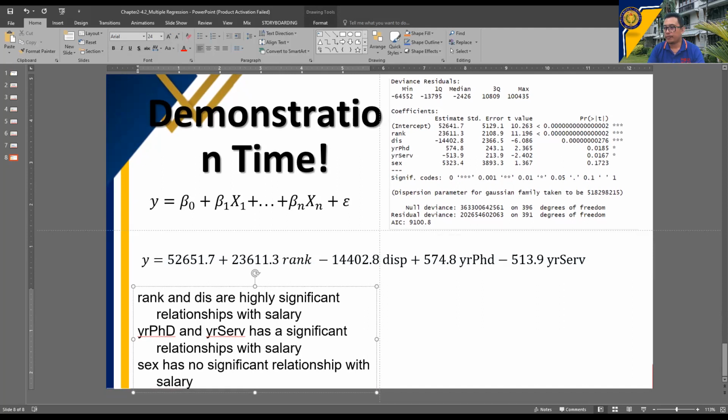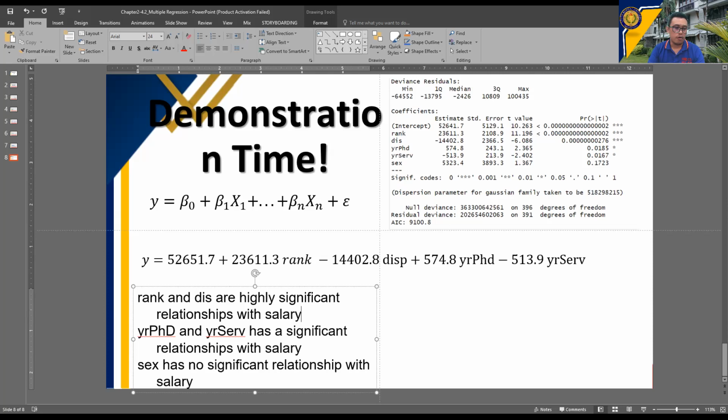Let's first discuss rank. For every one-unit increase in rank, the salary increases by about 23,611.